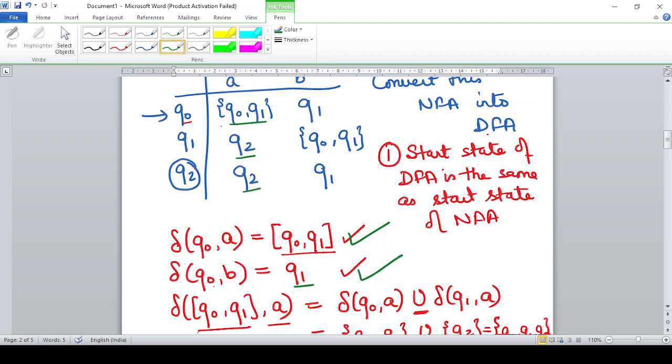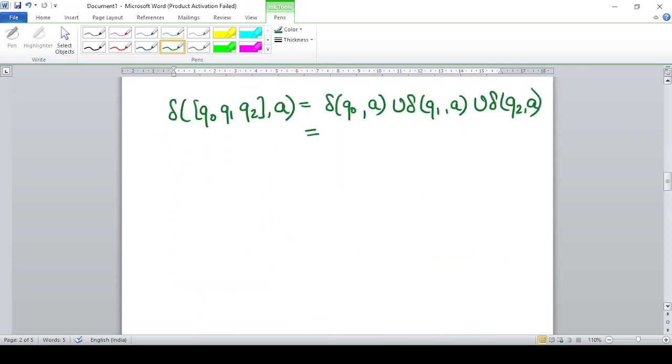To take the union of all these three, you will get q0 q1 and q2. So I write over here q0 q1 q2, right?